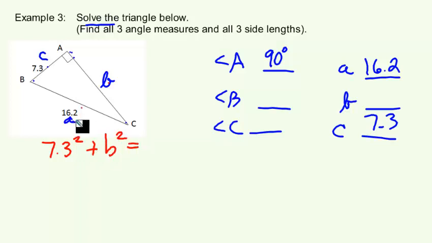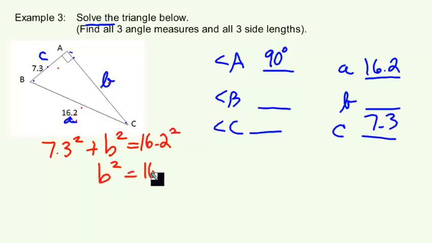Now, I know they call the hypotenuse A, and in the Pythagorean Theorem it's supposed to be C. Adapt. You have to be able to adapt. The Pythagorean Theorem basically says leg squared plus leg squared equals hypotenuse squared. It doesn't matter what you're calling A, B, and C. It can change problem to problem. What doesn't change is the logic. Short side squared equals long side squared. Let's do this.